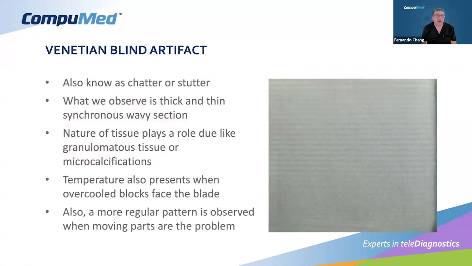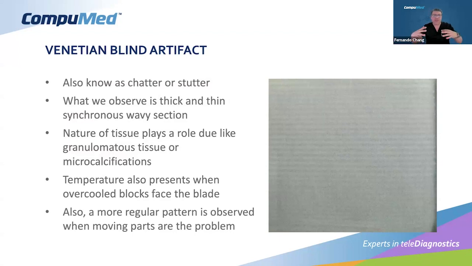Now we're going to look at another horizontal artifact that happens frequently. It's also known as shatter or stutter, because you can see these synchronous, repetitive, wavy sections on the slide. Like I mentioned before, sometimes it happens due to the nature of the tissue, like microcalcifications.